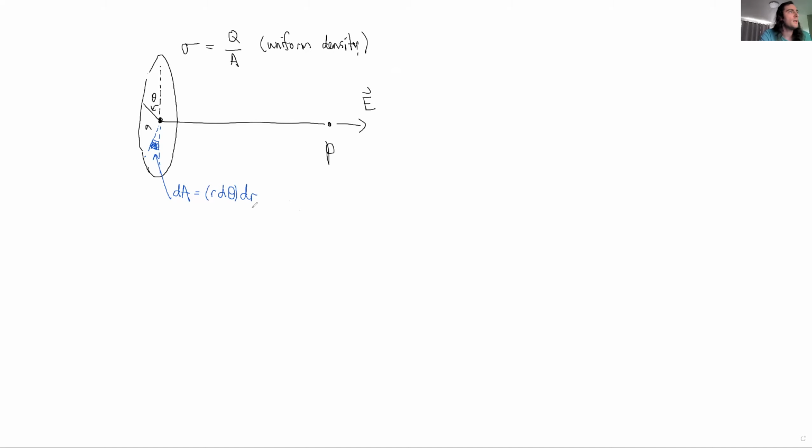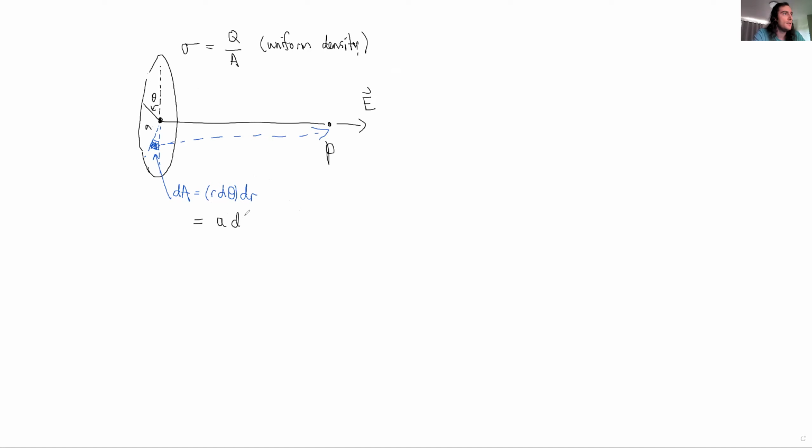Now the problem here is going to be that, okay, we've labeled the radius here as a, because oftentimes in these problems they reserve r for being the distance from where the charge is to the point you're interested in. Okay, so we're going to do the same thing. So normally we're used to seeing the area element as r d theta dr. We're going to change r to a now.